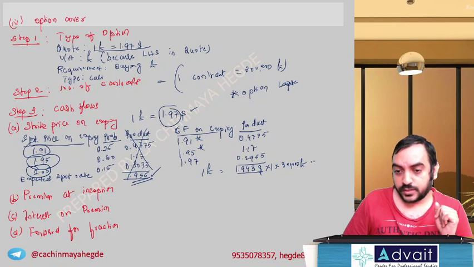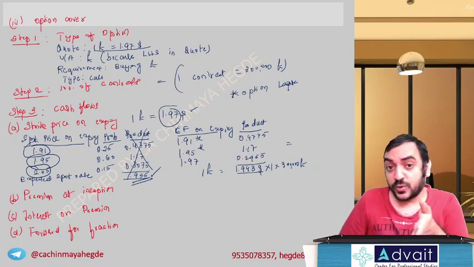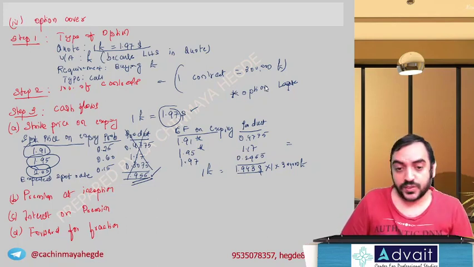So how much do you get? 1.943 into 3 lakh is 5 lakh 8,900. And which currency will it be? Because 3 lakh was pounds, we applied the conversion rate and get the other currency, which is dollars. 5 lakh 8,900.